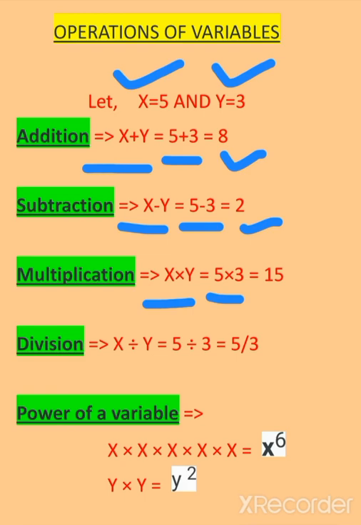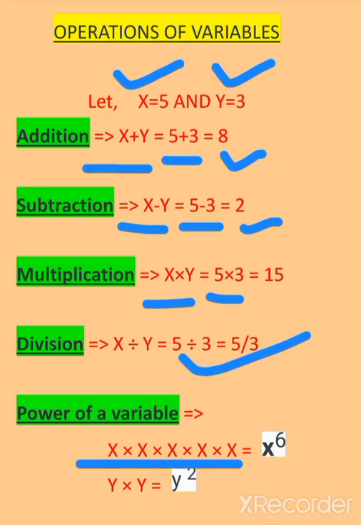Similarly, division can also be applied. 5 divided by 3, x divided by y. And here is a new term, that is the power of a variable. This is a new term for all of us. See, here what we have done, basically we are multiplying x. X multiply x multiply x multiply. We are multiplying x 6 times.